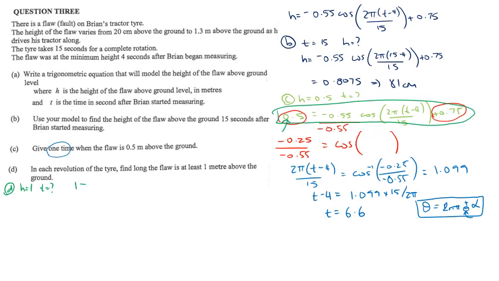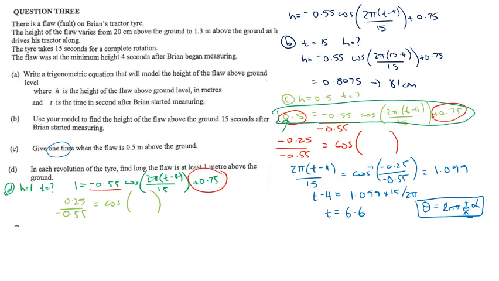So 1 equals negative 0.55 cosine 2 pi (t minus 4) over 15 plus 0.75. Do the same: I'm going to subtract that and divide by that at the same time, which leaves me with 0.25 over 0.55. That's negative. And that's the cosine of that bracket.